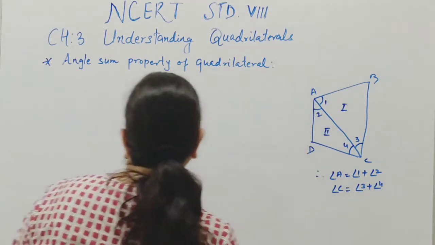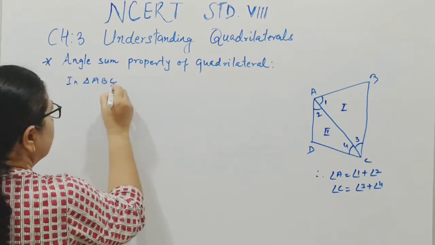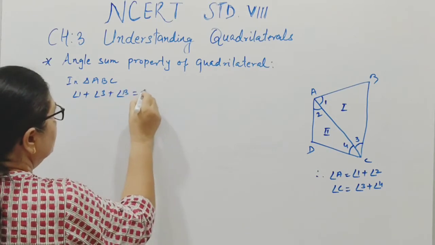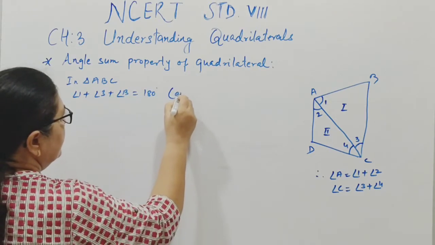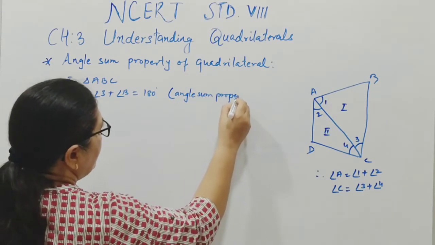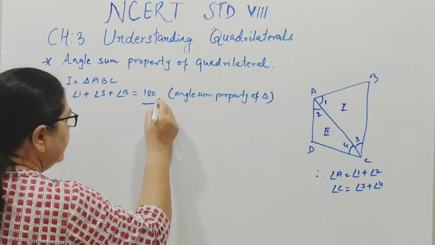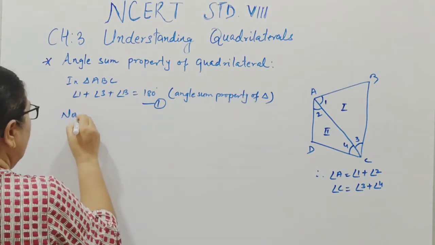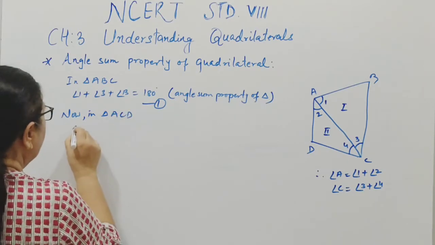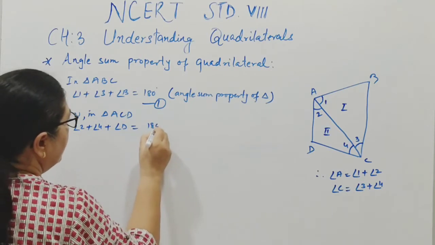Now, in triangle ABC, angle 1 plus angle 3 plus angle B is equal to 180 degree. That is angle sum property of triangle. Let us name it as number 1. Now, in triangle ACD, we have angle 2 plus angle 4 plus angle D is equal to 180 degree.